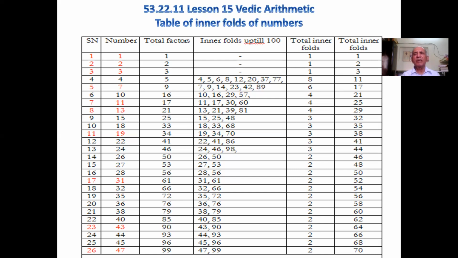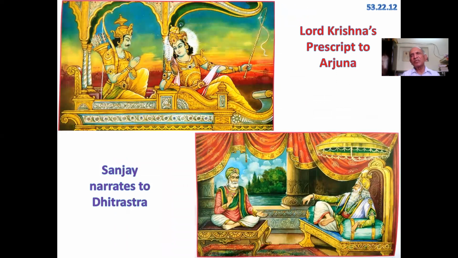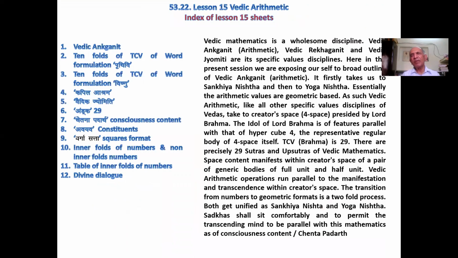Like that, we will compile, and this compilation will ultimately take us to a total of inner folds of value 70, and those numbers which remain are 30. There is a separate tabulation given in one of the screens.